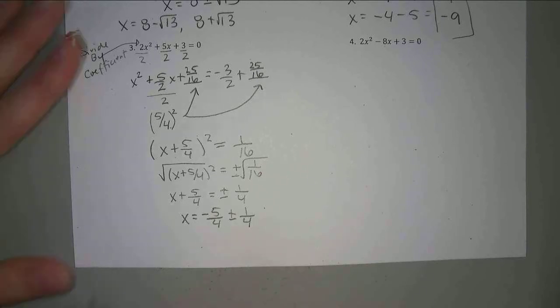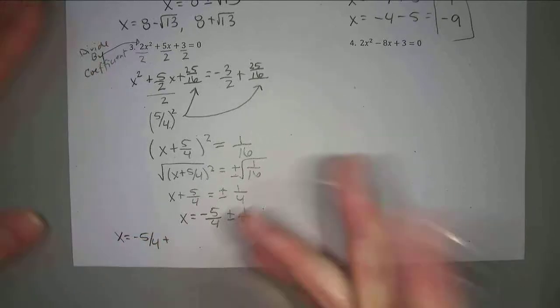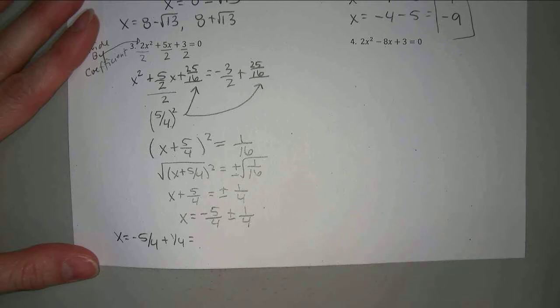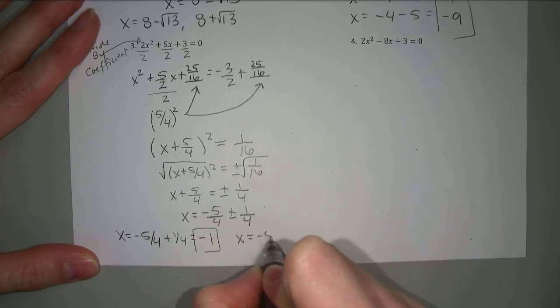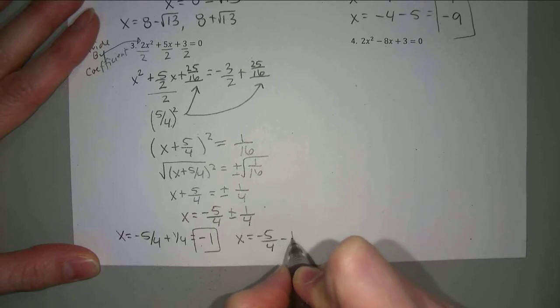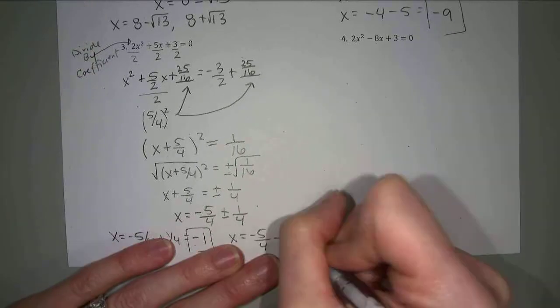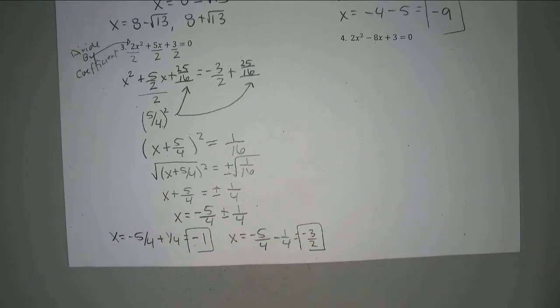I just throw it in my calculator, okay? So x equals negative 5/4 plus 1/4 will be negative 1. That's the negative 1. X equals negative 5/4 minus 1/4. If you throw that in your calculator, guys, that ends up being negative 3/2. Okay? Because you get negative 6/4 that would reduce to negative 3/2.